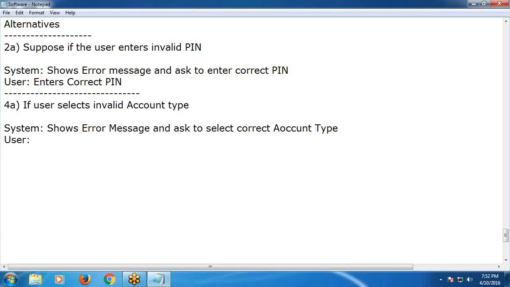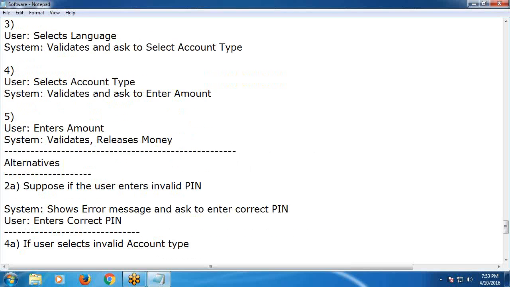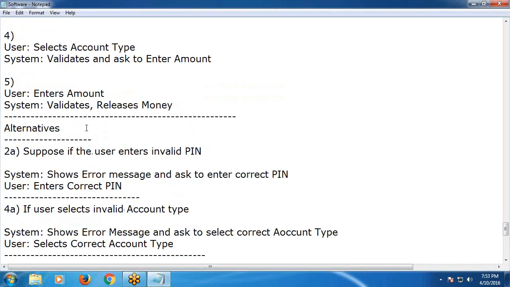Next, suppose user selects correct account type, then mainstream. Next, observe. Suppose fifth scenario, alternate flow, enters amount.